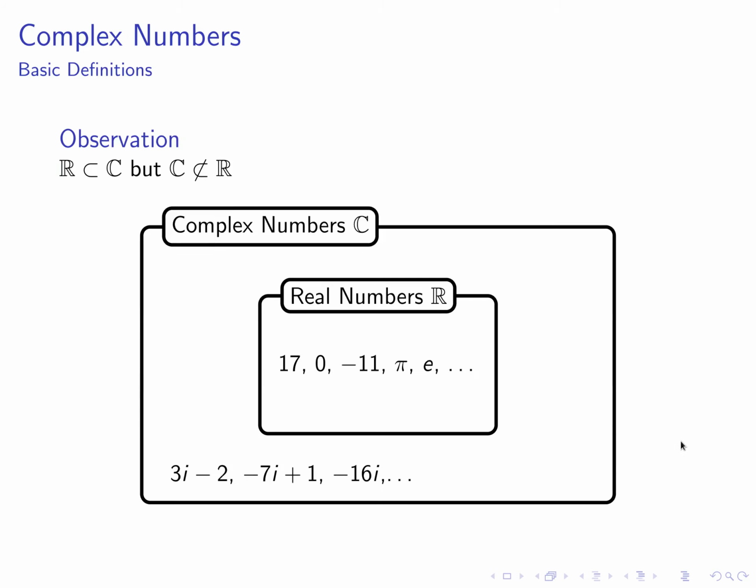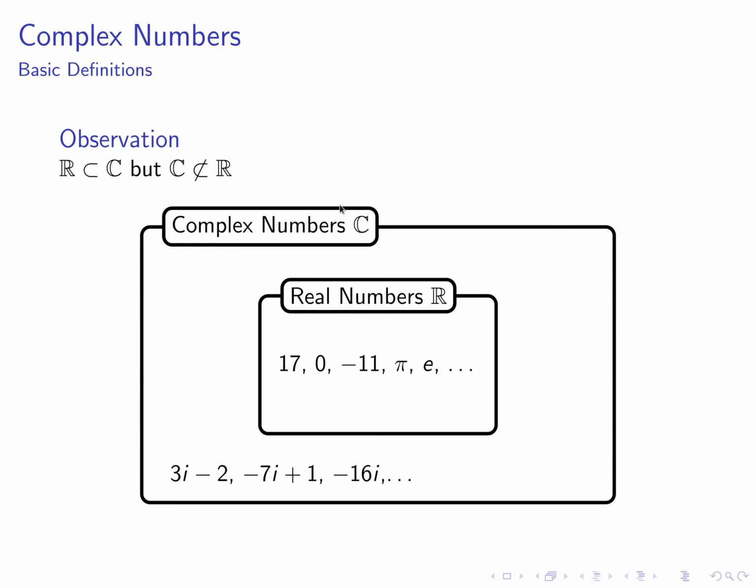Okay, so one thing to point out is that every real number can be viewed as a complex number where the imaginary part is equal to 0, but not every complex number can be viewed as a real number.